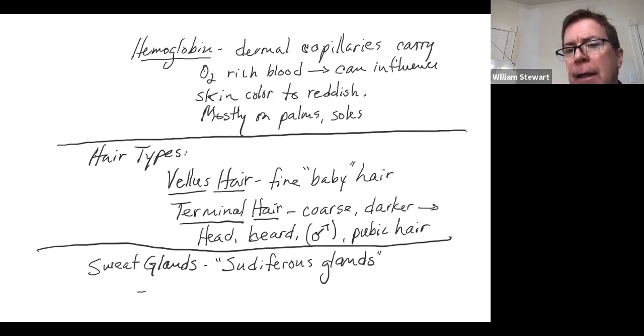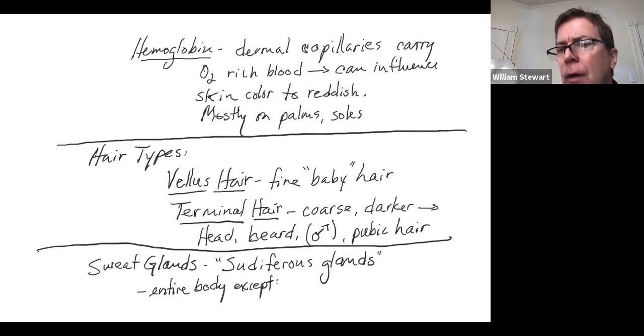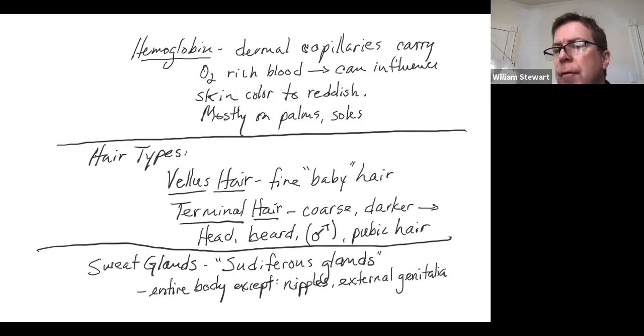We find sweat glands pretty much on the entire body, except on the nipples of the chest and external genitalia, in both males and females.